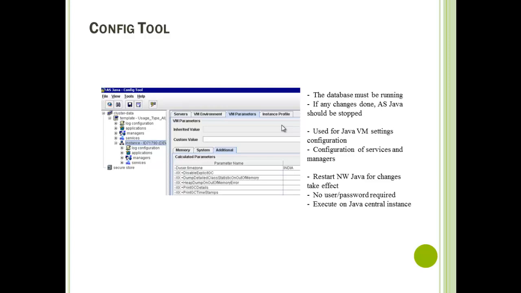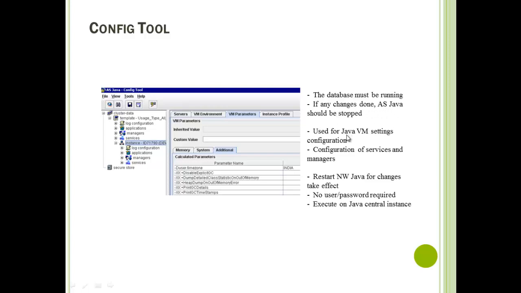It is therefore necessary to keep the database running when you are making any changes. This is a prerequisite for using this tool: the database must be running. If any changes are done in application server Java, it should be stopped.